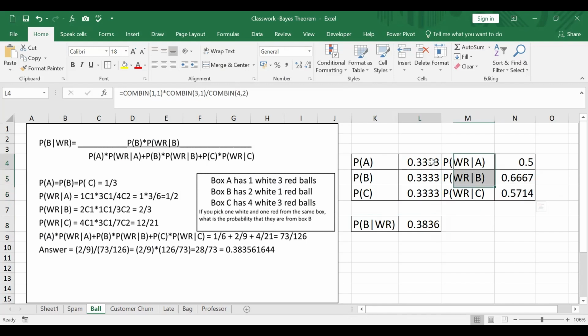That is nothing but this multiplied by this plus this multiplied by this plus this multiplied by this is sum product. You get, if W and R have been picked up from one particular box only, the probability that it is from B is 0.38 or 38%.